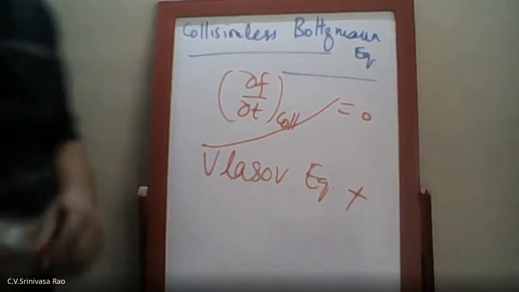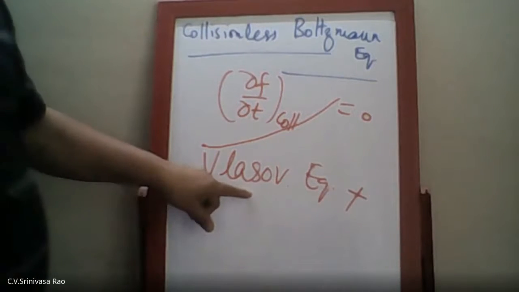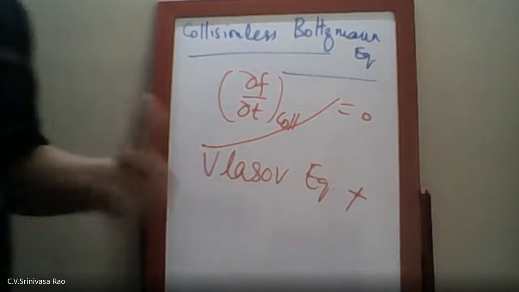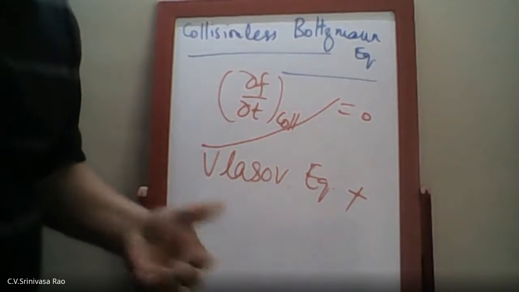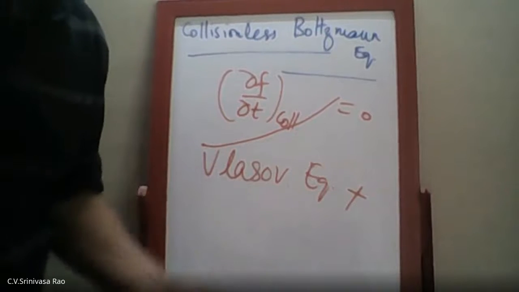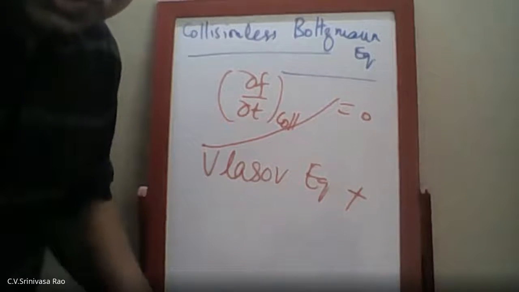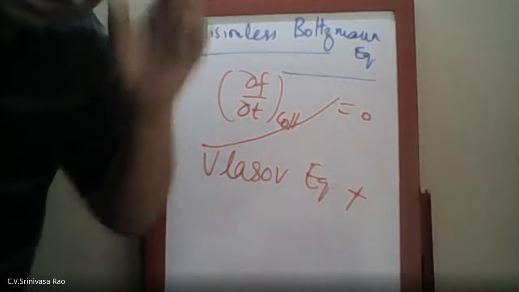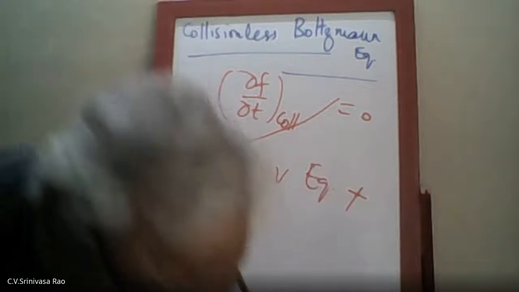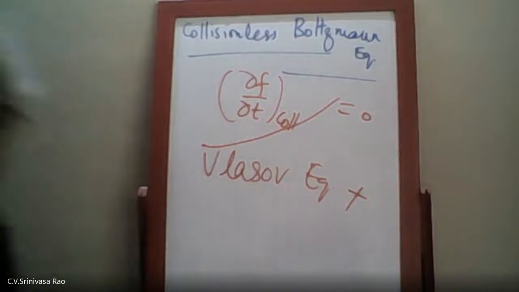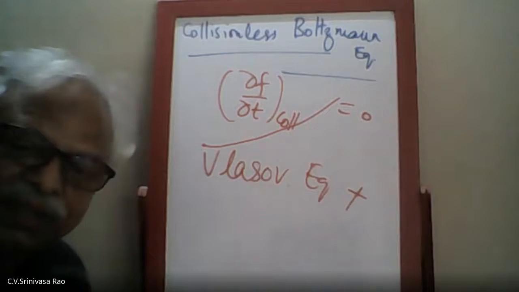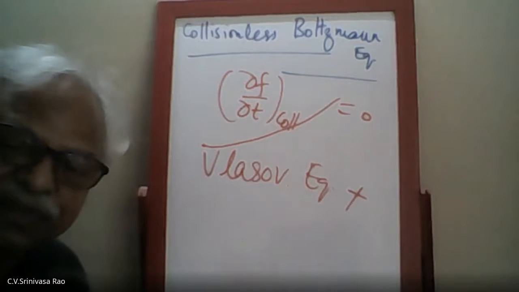So now this Vlasov equation, if it is allowed for some time, will not give rise to thermodynamic equilibrium and Maxwell's distribution, because Maxwell's distribution comes because of the collisions. Only when there are collisions, you get Maxwell's distribution.